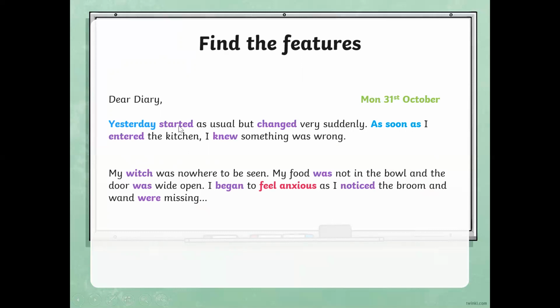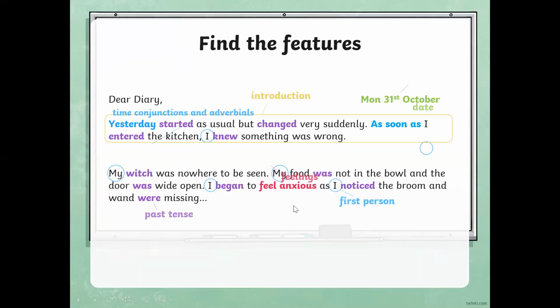The past tense, started, changed, I knew, entered. Feeling words, I began to feel anxious. Very importantly was that introduction right at the top there. Also those first person words, pronouns, I, my, throughout there.